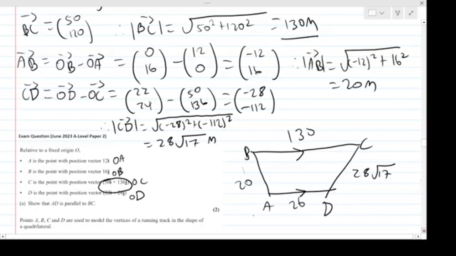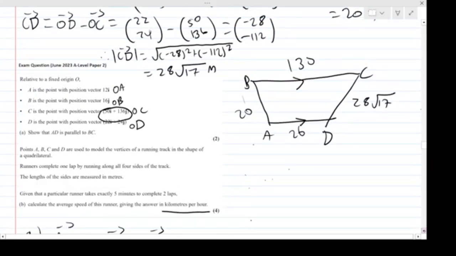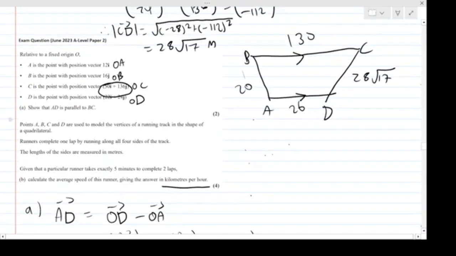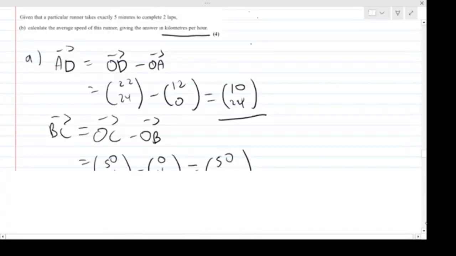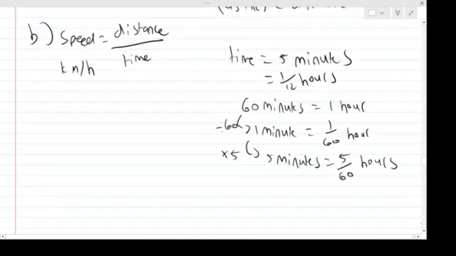So if we go back to the question, the runners complete one lap by running along all four sides. So the distance of one lap is going to be all these four sides added, right? I'll do it down here. Distance of one lap.